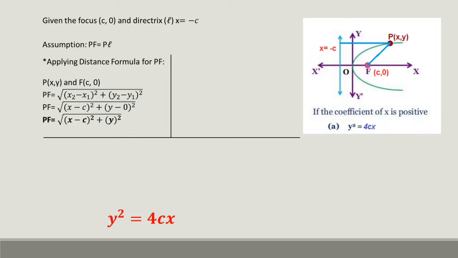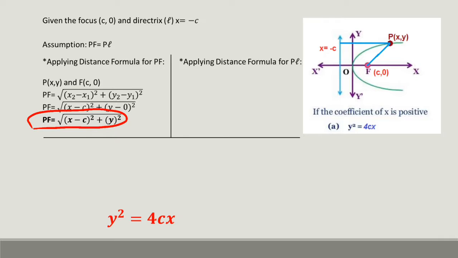So, using distance formula, meron tayong (x minus c) raised to 2, plus (y minus 0) raised to 2. So, the distance formula from point P to point F is given by square root of (x minus c) raised to 2, plus y squared.